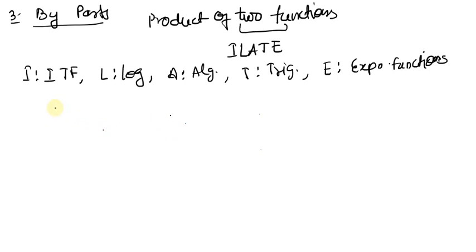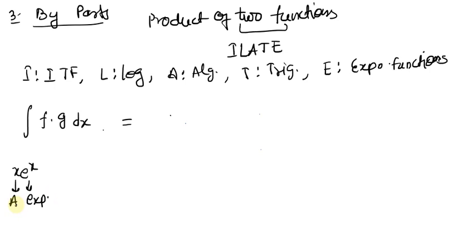And what is the rule then? The rule says that if the product of two functions, suppose f into g dx, both in terms of x, you simply consider first function and second function. How to decide first and second? For example, if x into e raised to the power x is written here, x is algebraic and e raised to the power x is an exponential function.